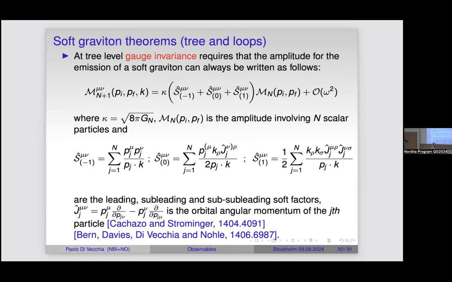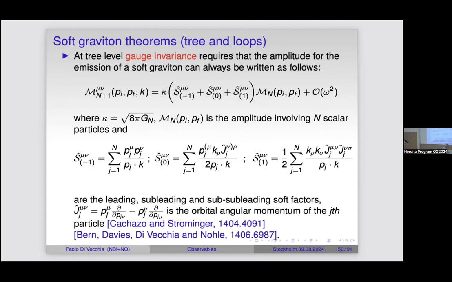Now, this is the point at which we have loop diagrams. At the tree level, gauge invariance requires that the amplitude for the emission of a soft graviton can always be written in this form. There is a term 1 over omega, a term omega to the 0 and a term omega to the 1. And this can be derived by gauge invariance, assuming that K mu times epsilon mu nu is 0.